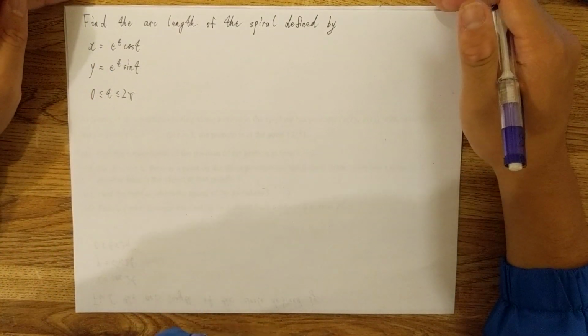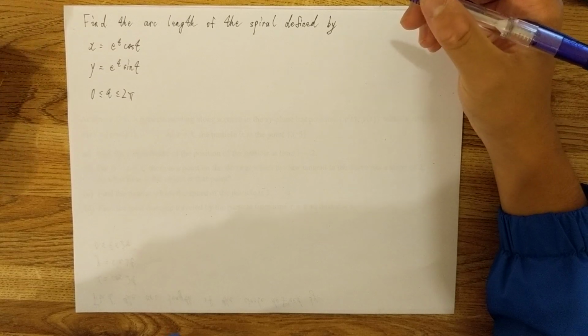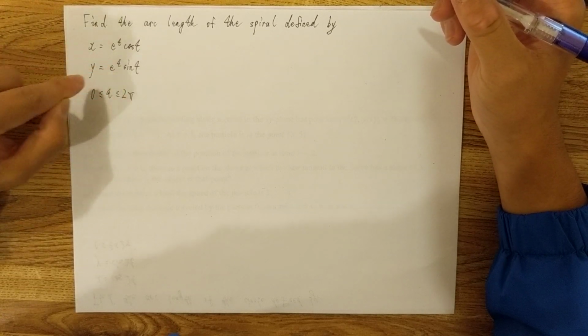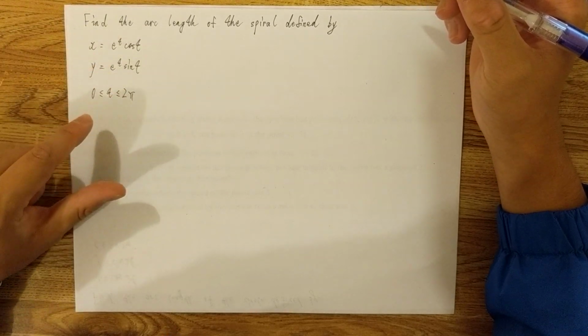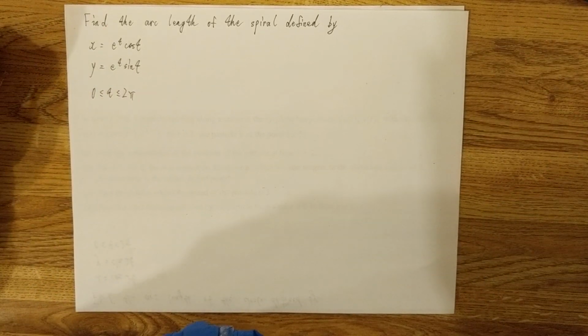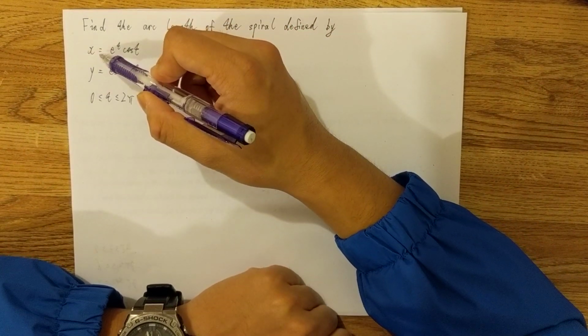So find the arc length of the spiral defined by x equals e^t cosine t, y equals e^t sine t over the interval from 0 to 2 pi. So what we're first going to do is find the derivative of x in terms of t and the derivative of y in terms of t.